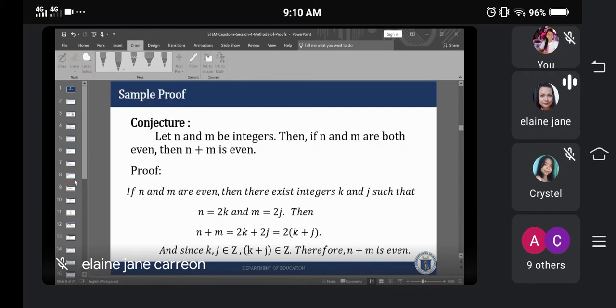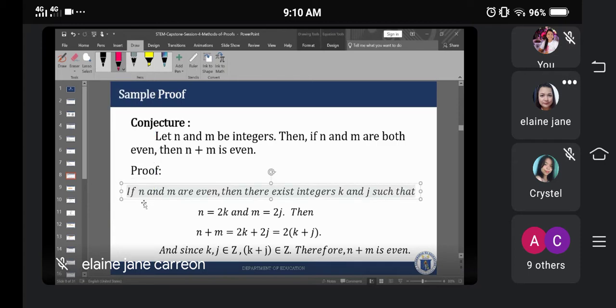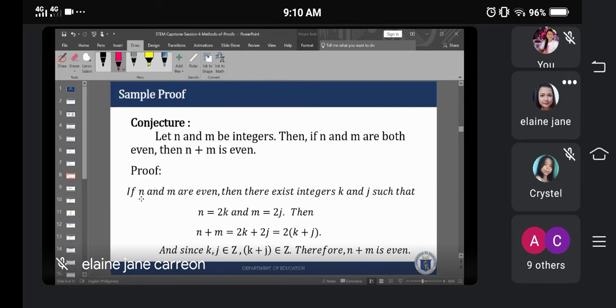Now, let's move on to the proof. Using the direct proof, let n and m be integers, and n and m are both even, then n plus m is even. So this is now our proof. If n and m are even, then there exist integers k and j such that we let n equal 2k.